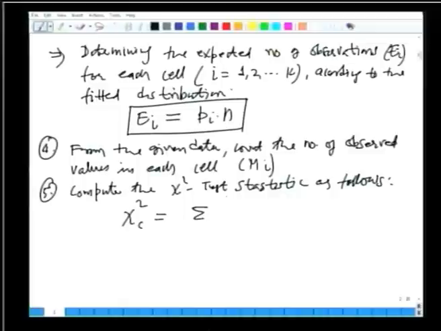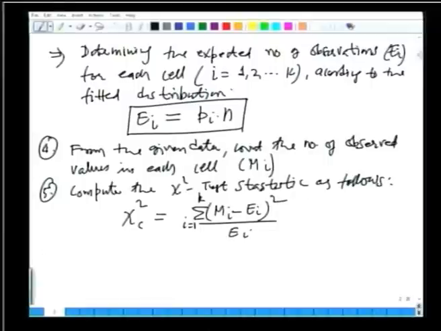This is how it is defined. It is nothing but Mi minus Ei whole square divided by Ei, where i is varying from 1 to k. Okay. So you see that this is how the chi-square test statistic from the computed data is defined.